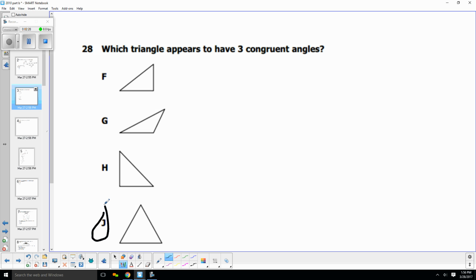J. H and F both have two 90-degree angles, so I can't have three congruent 90-degree angles, because that would be way more than 180 degrees. This one is an obtuse, and then we have two acute, so those are not equal either. Did you get what you needed?